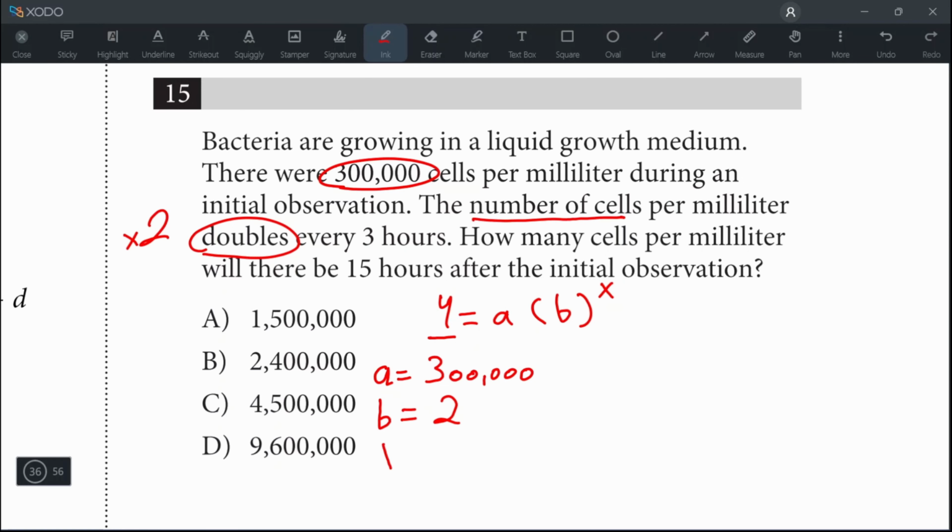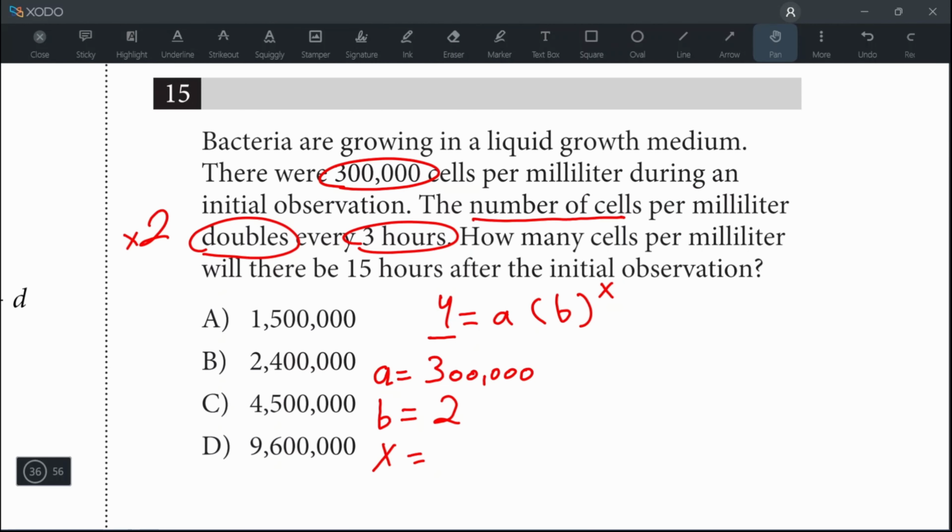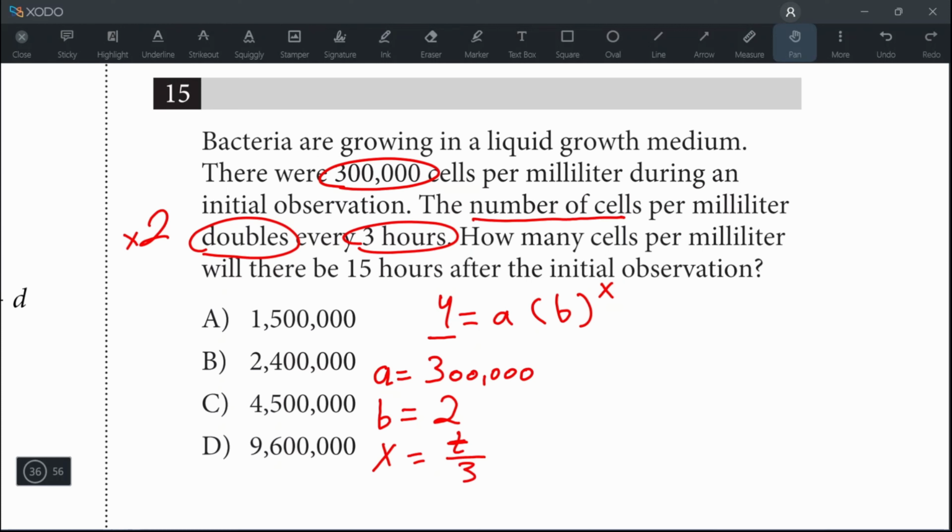Now what about x? The value of x in this question is represented by the time in every 3 hours. So the time, which is t over 3, is equal to the value of x. So what is the value of t? T here is equal to 15 hours. So x is equal to 15 over 3. Now we should plug these values into the function.